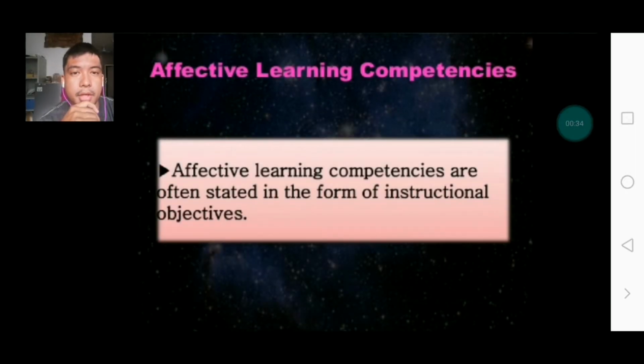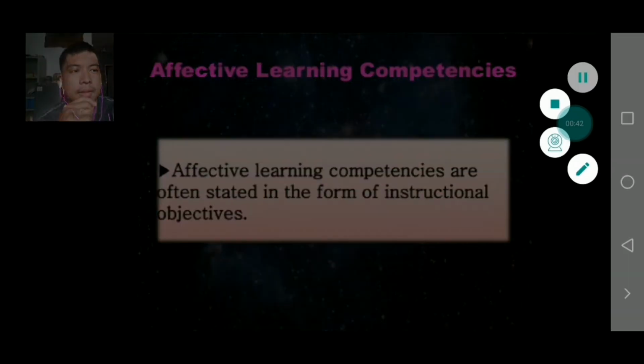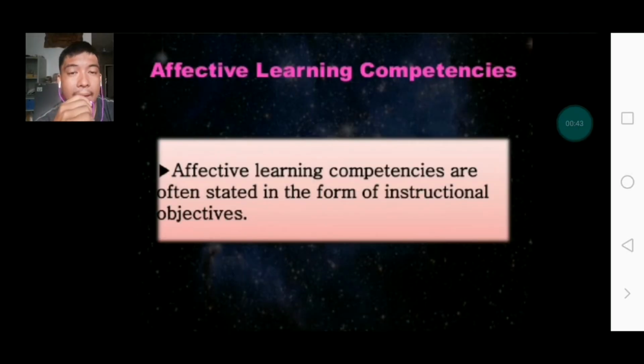The concern on this topic is how or what the learners feel while learning. It really varies with the objective of the teacher and how the teacher teaches their learners.